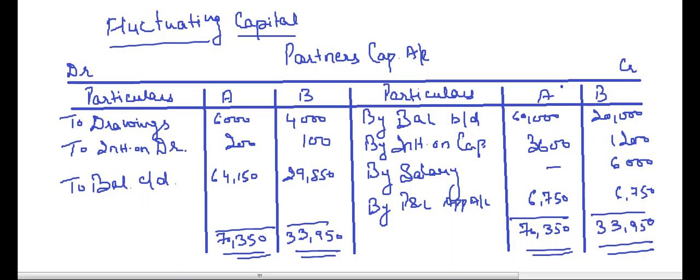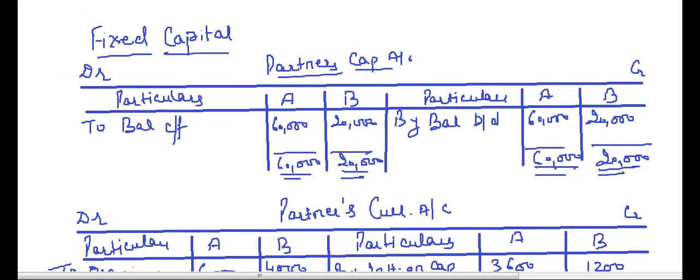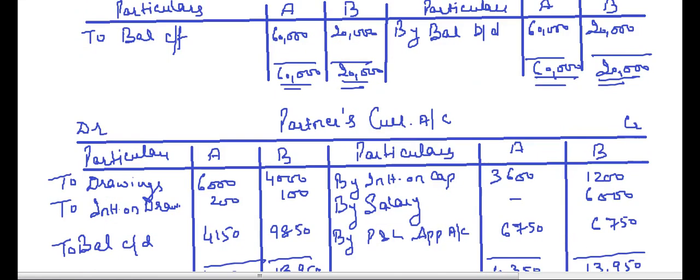So clear? Under the fixed capital method, we will prepare two accounts, that is the partners capital accounts and the partners current account. In the partners capital account, the capitals will not change and all the transactions will be done through partners current account.